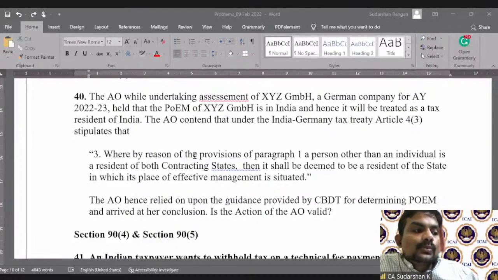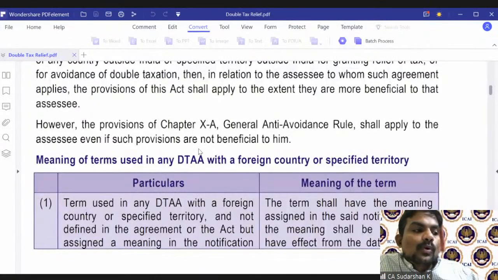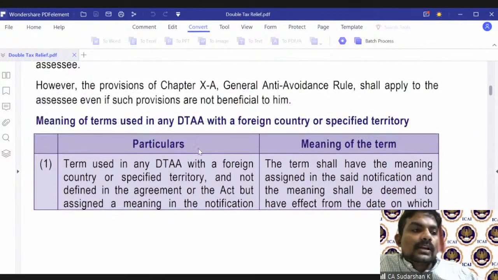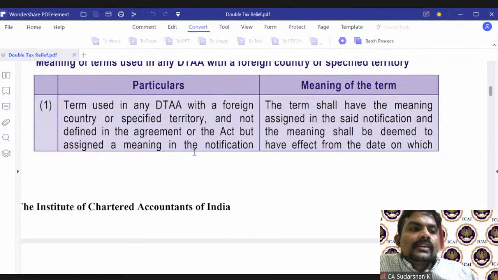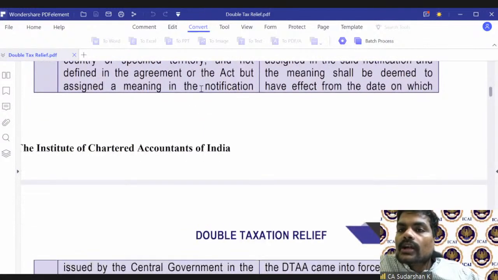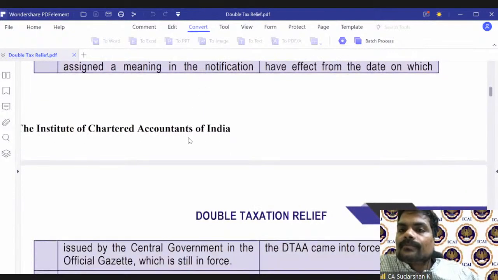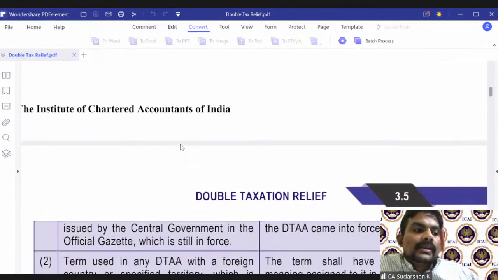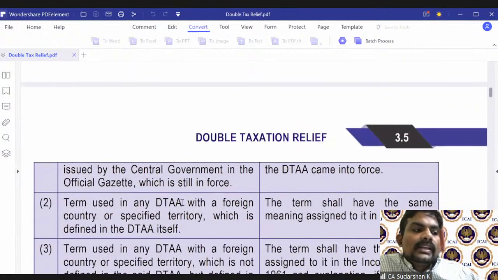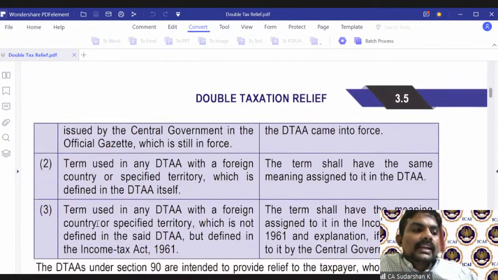And this is what Section 90(3) tries to address. What it says is, if a term is used in a DTAA and not defined in the agreement, but subsequently the central government gives a meaning to it, that meaning will have to be given effect too.